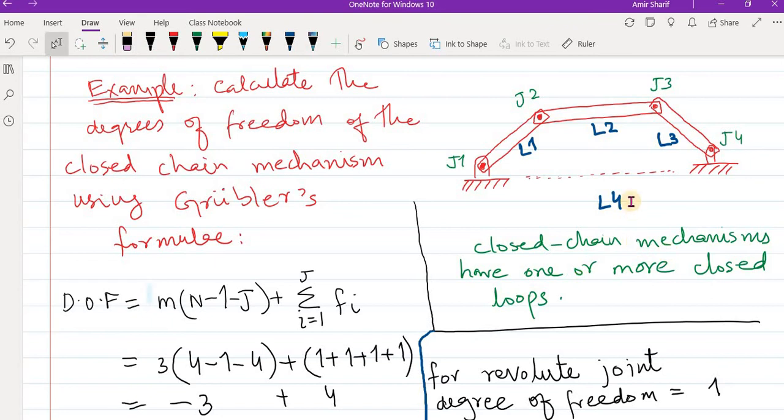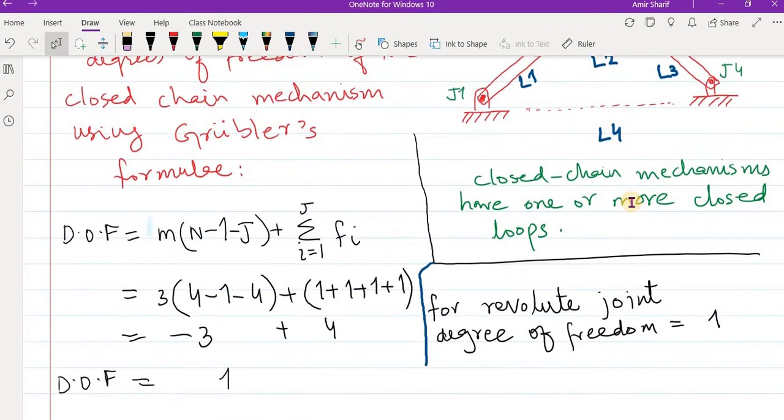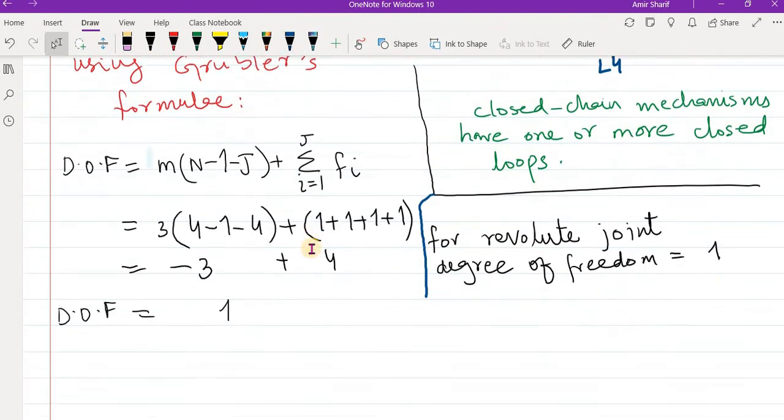This example used a closed loop mechanism, but we can also calculate the degrees of freedom of an open loop mechanism using the same formula. Just keep in mind, if it's 2D, m will be equal to 3. If it's 3D, then m will be 6. And f is the freedom of an individual, single joint.